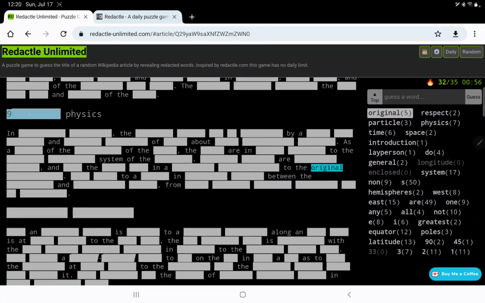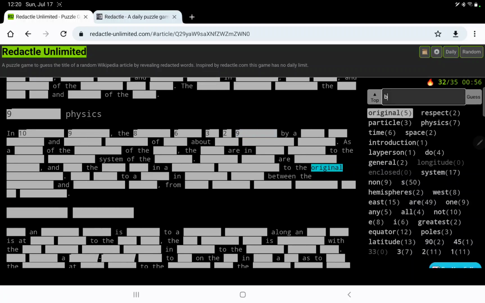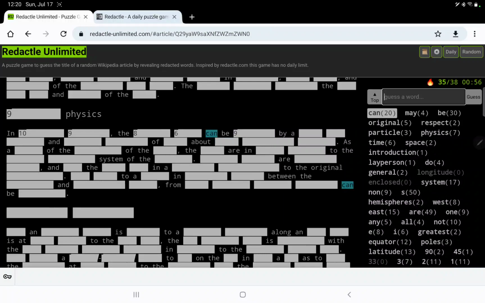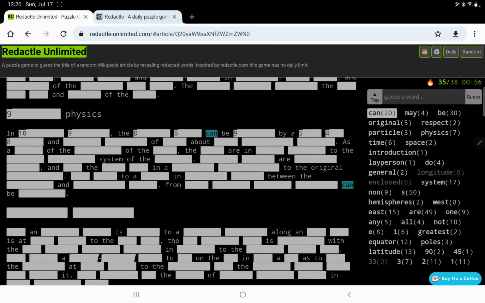So here's one in physics. "Something can be something by a..." And "about 5, 11, 8."